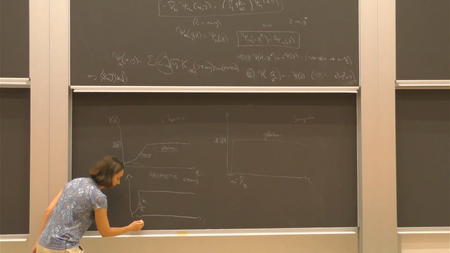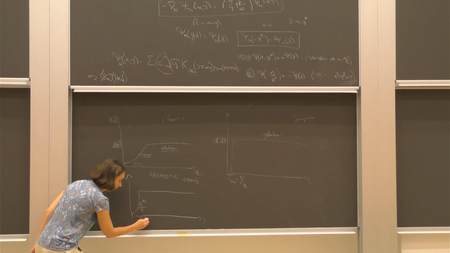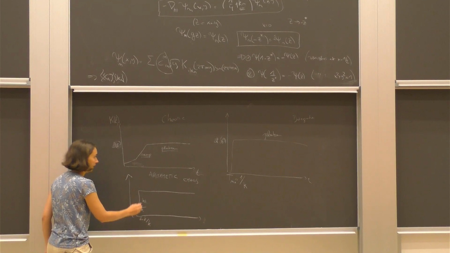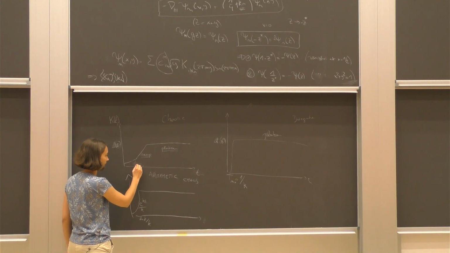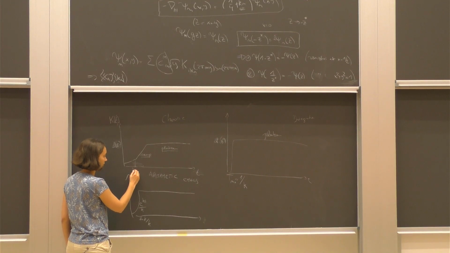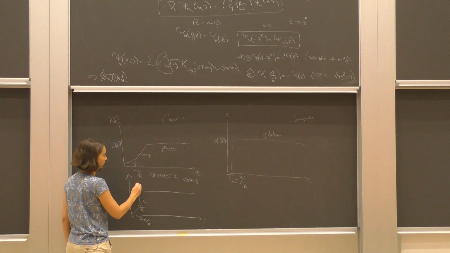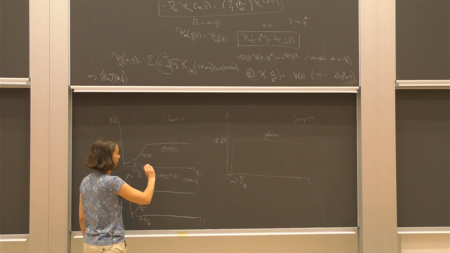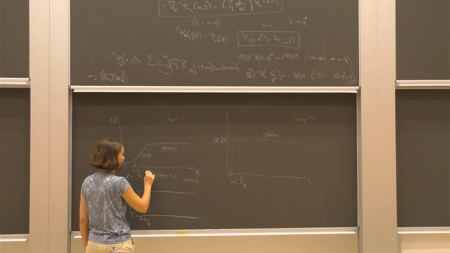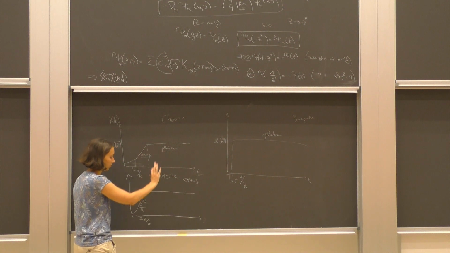So the time scale here is something like log K over K. And it's sort of the same time scale as here, roughly when the ramp starts. But this time scale here is much longer. So I'll say more about it next time.